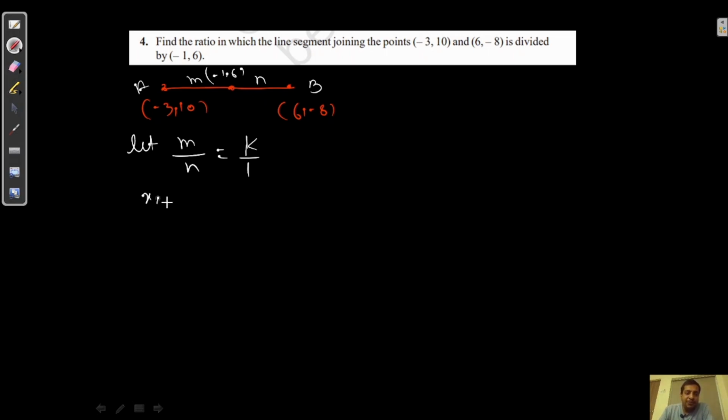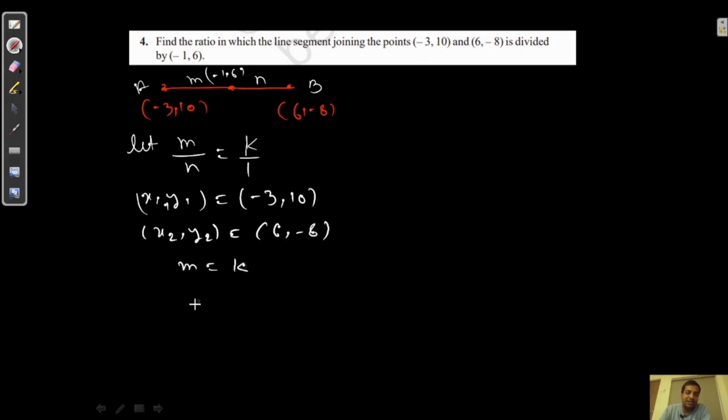So tell me the value of x1, y1. I hope it is easier for you now. It will be -3, 10. What is the value of x2, y2? So it is 6, -8. Can you tell the value of m? Let's say it is k. The value of n, it is 1.